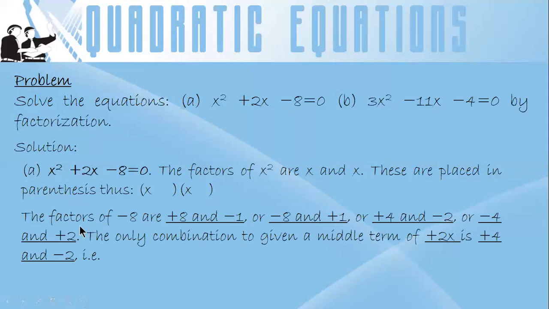The factors of negative 8 are four pairs: positive 8 and negative 1, negative 8 and positive 1, positive 4 and negative 2, and negative 4 and positive 2. Your target is to get the middle term, positive 2x. So choose among the four pairs, depending on which gives a sum of positive 2.